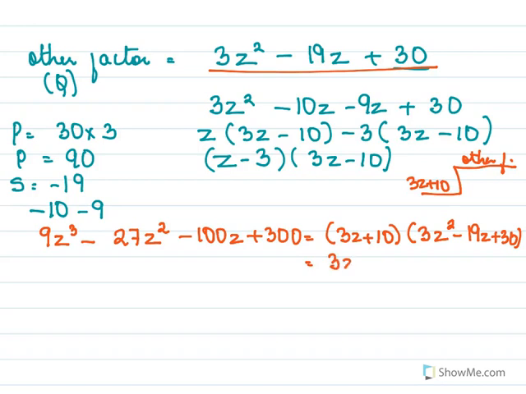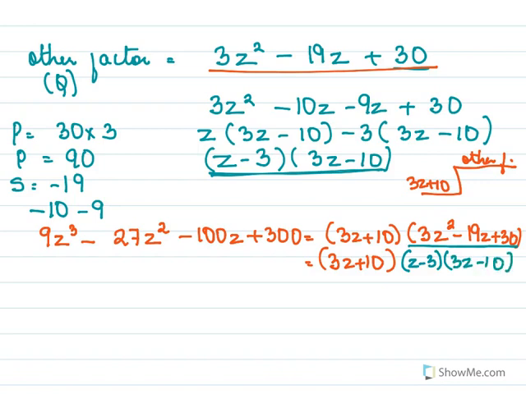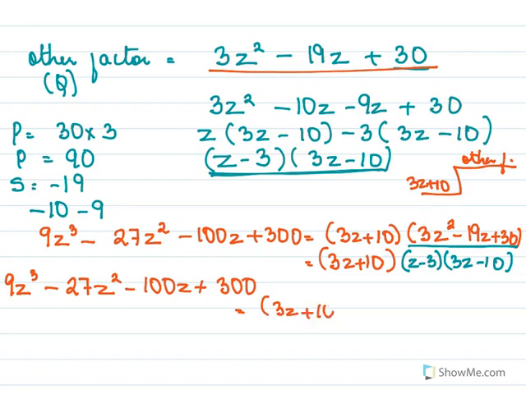Now the other factor we then factorized, and we got two factors, that was z minus 3, 3z minus 10. So now the factors of 9z cube minus 27z square minus 100z plus 300 are equal to 3z plus 10, z minus 3, 3z minus 10.